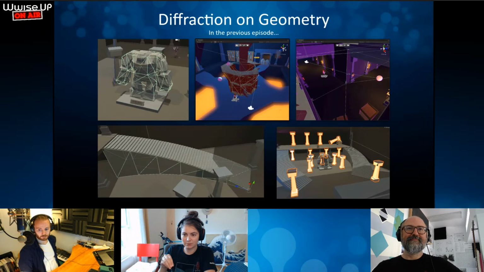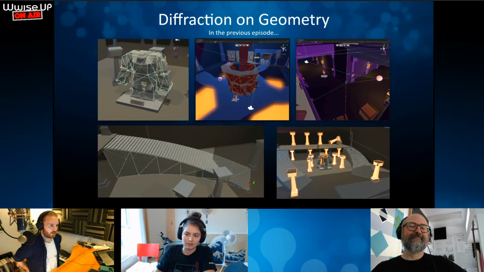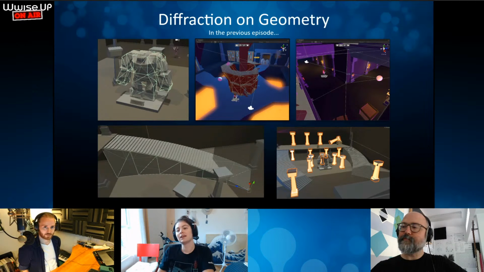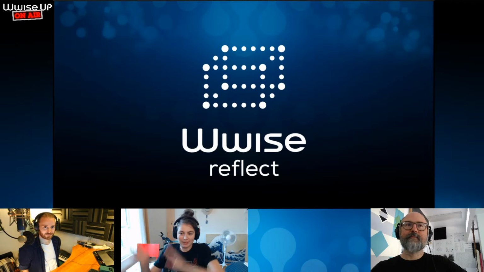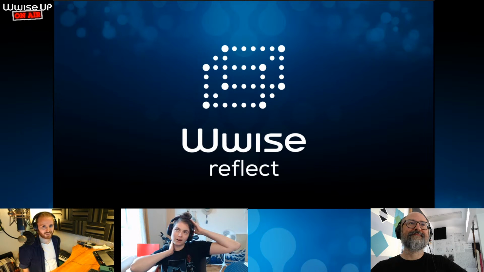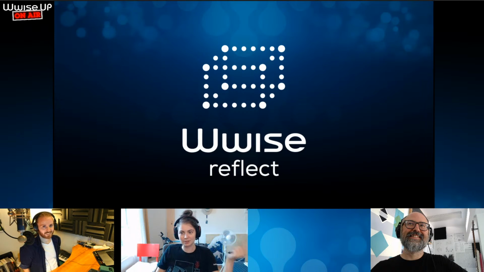So if we wanted to get some diffraction inside of a room on objects instead of just between rooms and doorways, we could. We added some geometry on the statue, on stairs, and in corridors when they turn 90 degrees to get some diffraction. And today we are talking about Reflect.